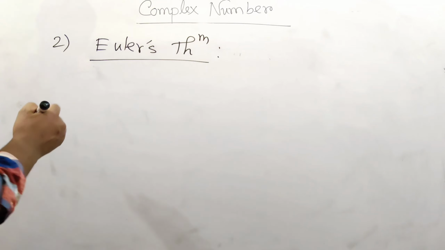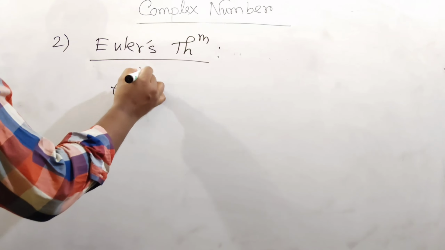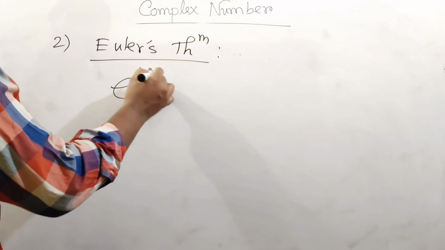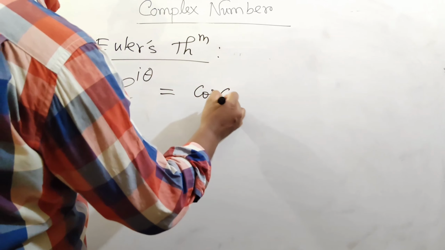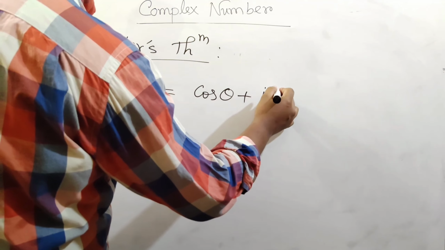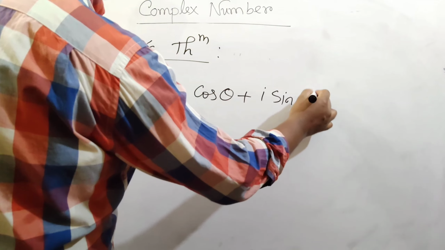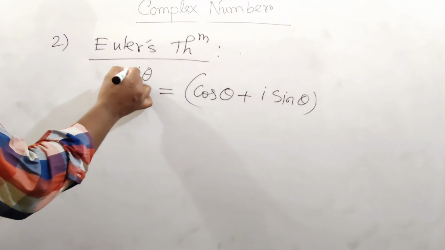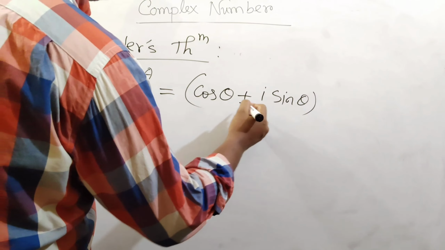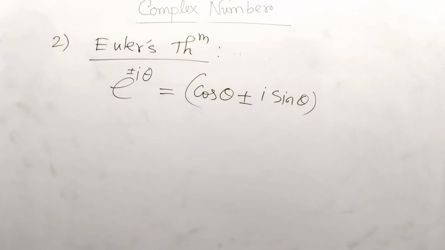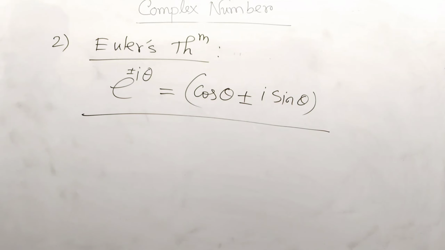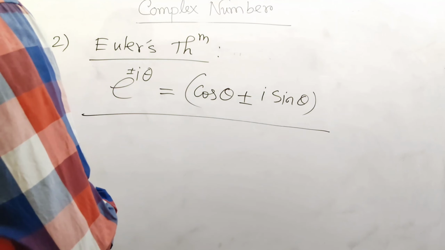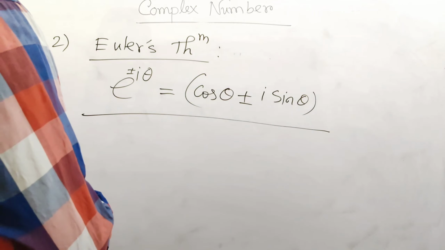So what is Euler's theorem? e power i theta should be cos theta plus i sin theta. Actually this is the Euler form, so if there is a plus or minus, you must use plus or minus here. It depends on the given form. So this is another theorem you must know. Actually this is important for your next level, in your undergraduate level.